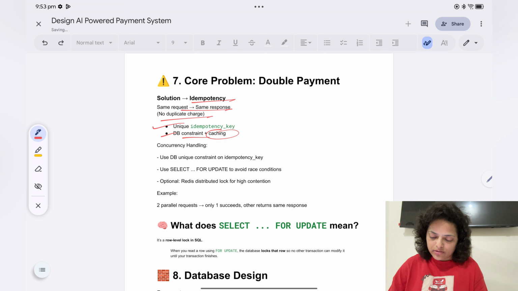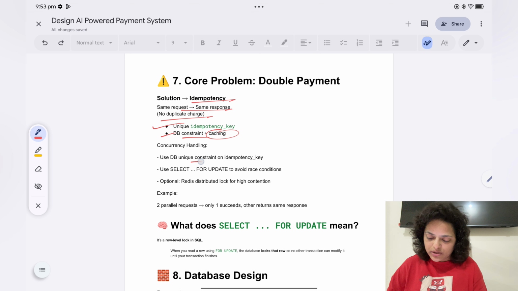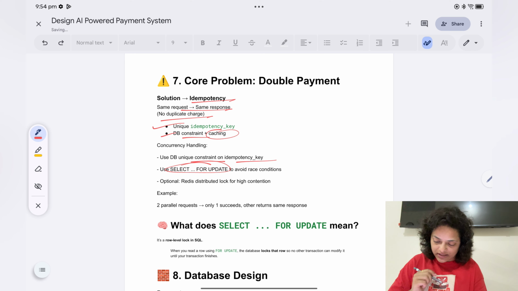Now concurrent handling, like two requests hitting at the same time. In that case, use a DB unique constraint on the idempotency key, and then use SELECT FOR UPDATE. Using this SELECT FOR UPDATE, you avoid the race condition. It will create a lock on a row level in your database. Optionally, you can use a Redis distributed lock for high contention.